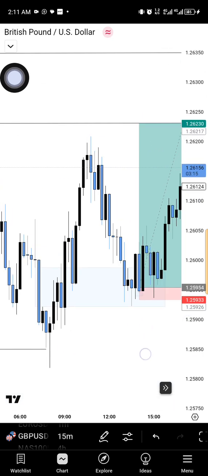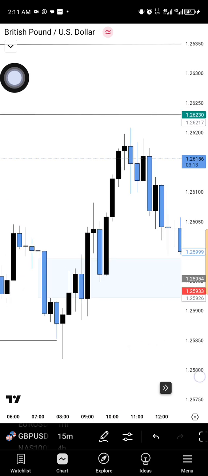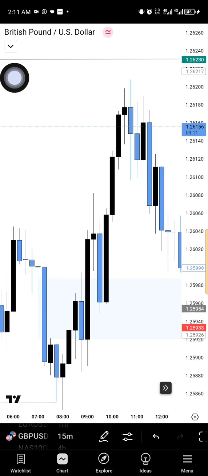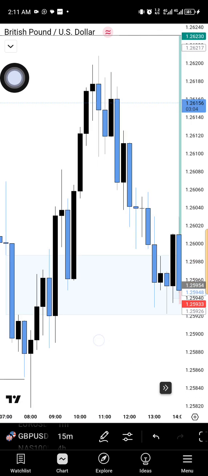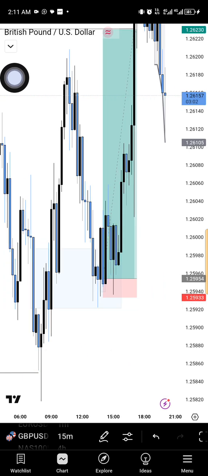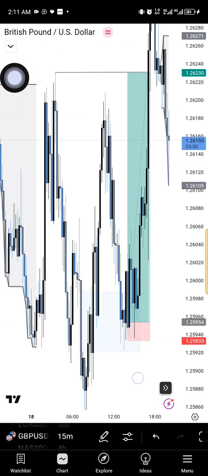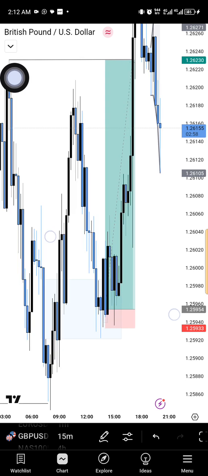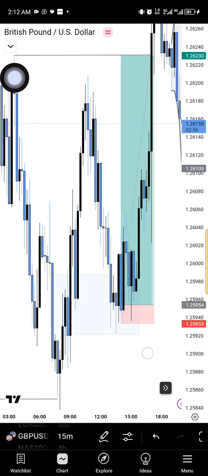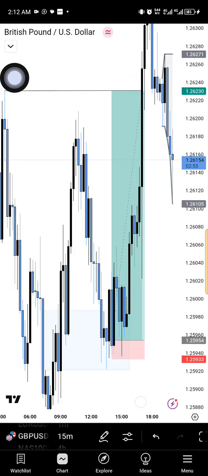But we see right here, just beside here, we can see an inverted fair value gap. This candle, inverted fair value gap, price ran through, and so now we can use that fair value gap as an ultimatum for price to go to a high.